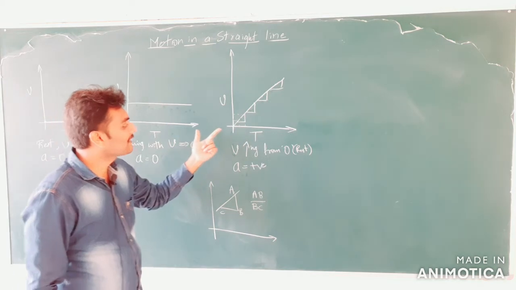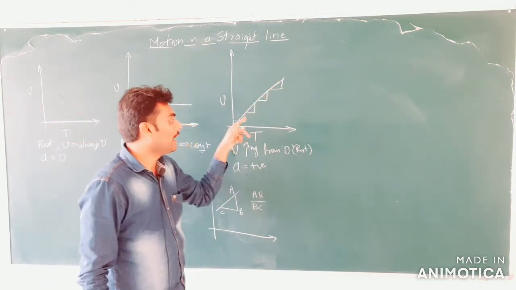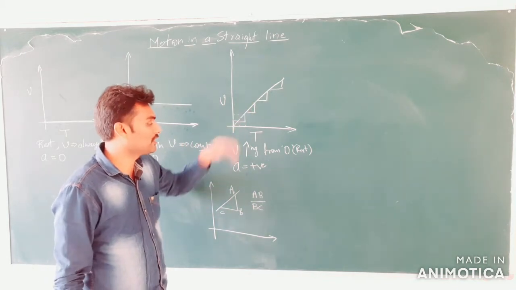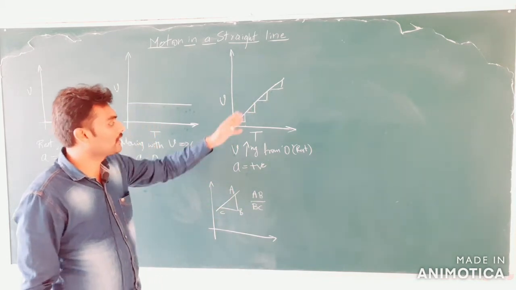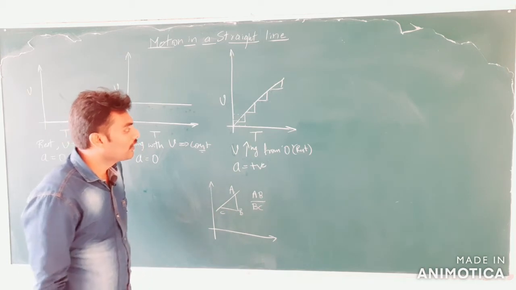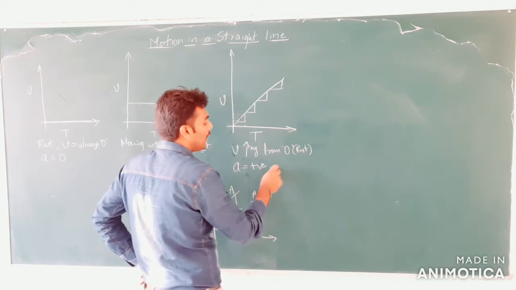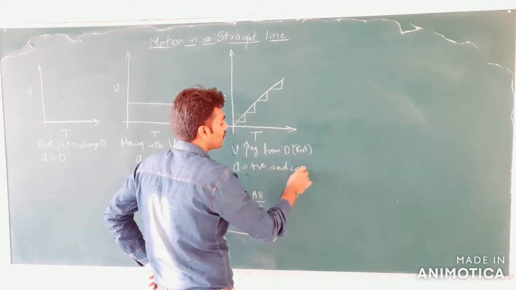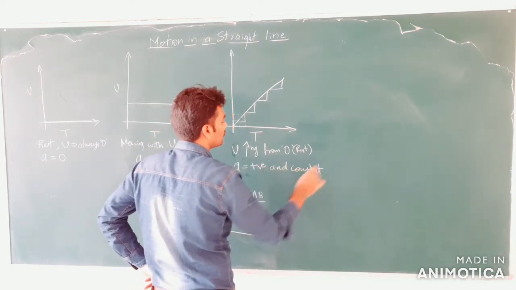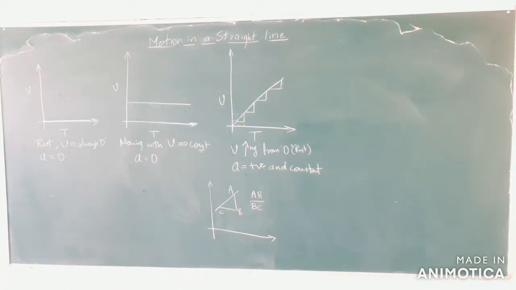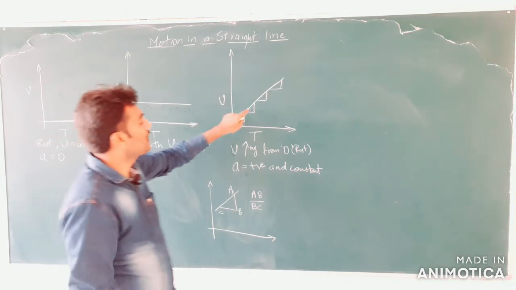Now since the line is a straight one, I don't see any variation in the shape of the right angled triangles that I have constructed. So I can easily say that acceleration is positive and constant throughout the motion. One way of deciding the acceleration is constant is by looking into the shape of the triangles.